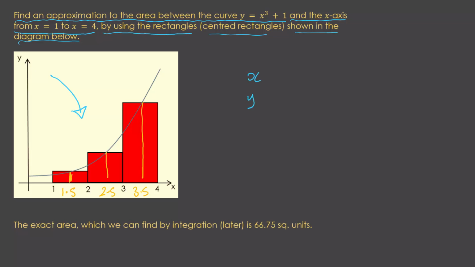So if we make up a little table of values here, remember all the widths are still 1, then let's use the calculator to do that.